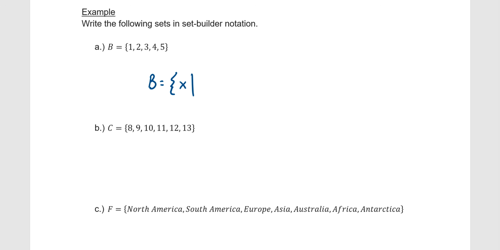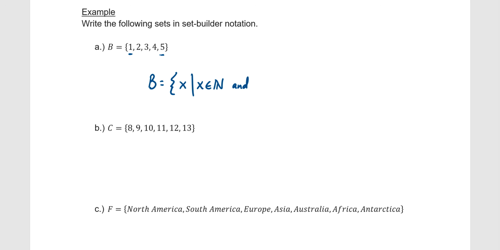So it looks like 1, 2, 3, 4, 5. These are natural numbers. So I'm going to say x is an element of the set of natural numbers. Usually when I write the symbols for the sets, I put a double line on one of the lines in the letter. So x is a natural number, and x is going to be from 1 to 5.